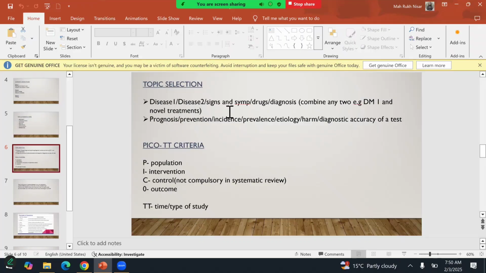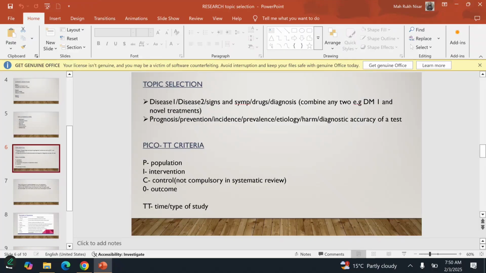So it would be a combination of signs and symptoms with disease. Or you can combine certain disease with drugs. For example, novel treatments in cardiac failure, or how to decrease mortality in cardiac failure patients.